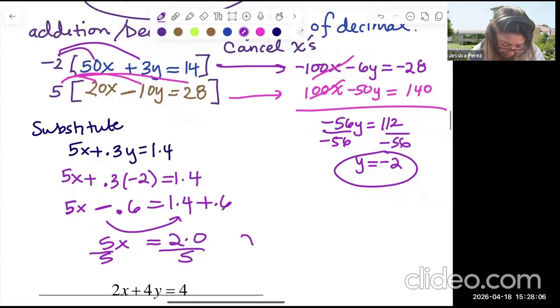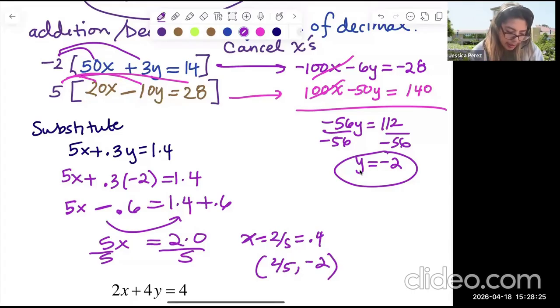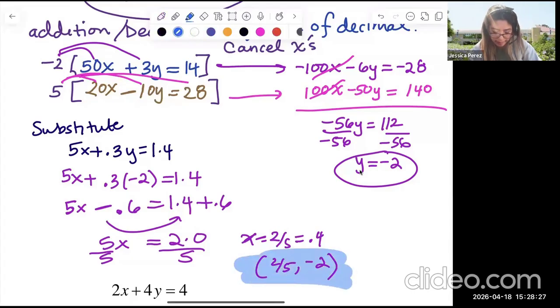So then x is 2/5, or 0.4, whichever one. So then my solution is the point 2/5, comma, negative 2. And that is a solution for my system of equations.